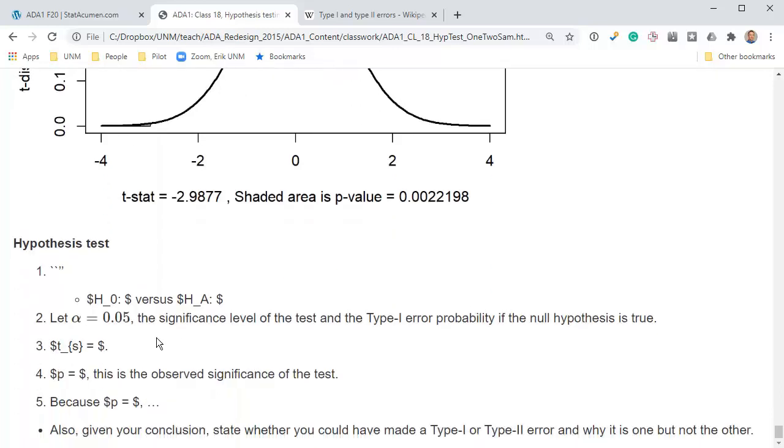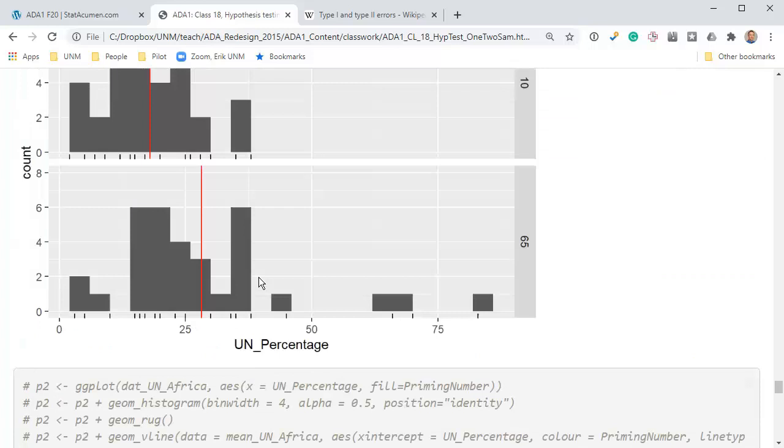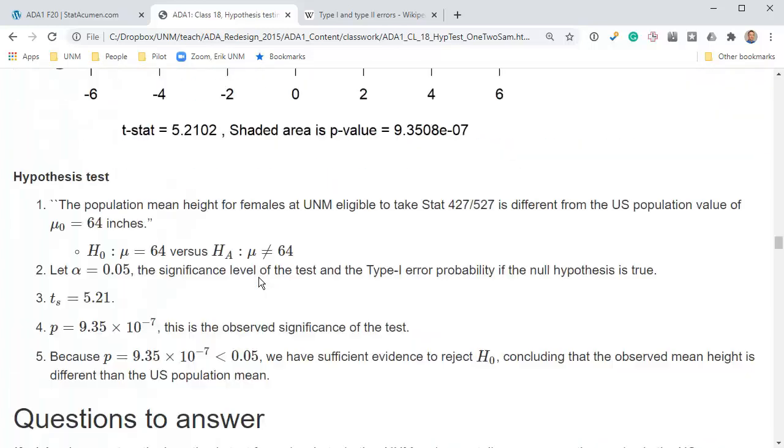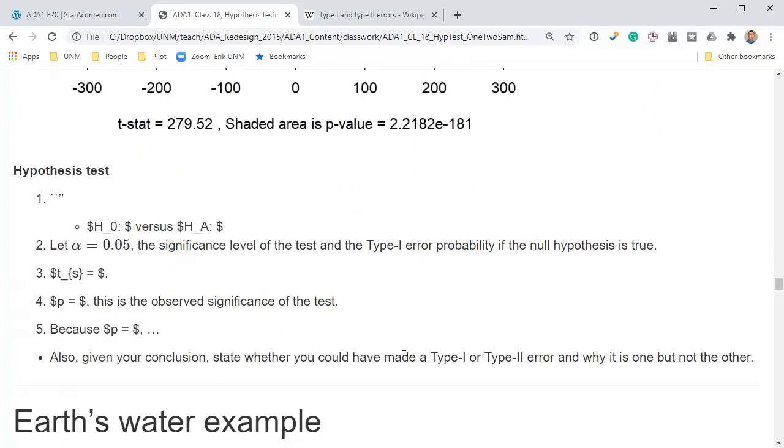Now you just state the hypothesis in words and notation, just as I have in the notes for a two-sample test. We've got our t-statistic and our p-value. You can see that the dollar signs are showing up here. All those should be typeset the way the first example was, way up here, where there are no dollar signs and instead it looks like equations. Hopefully that will work out for you. Something changed right here.